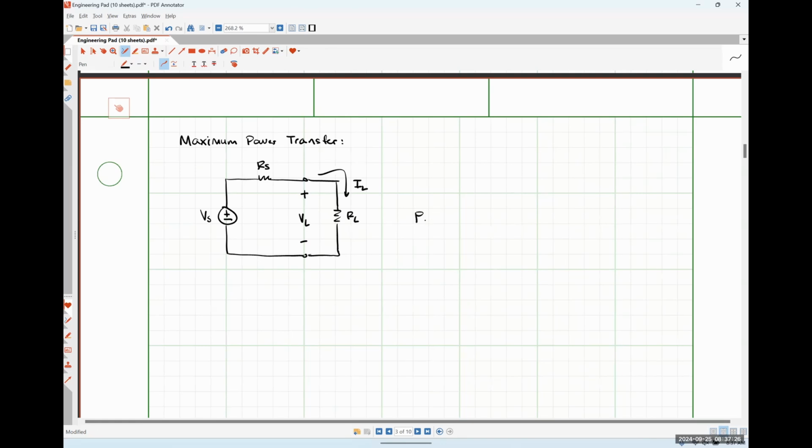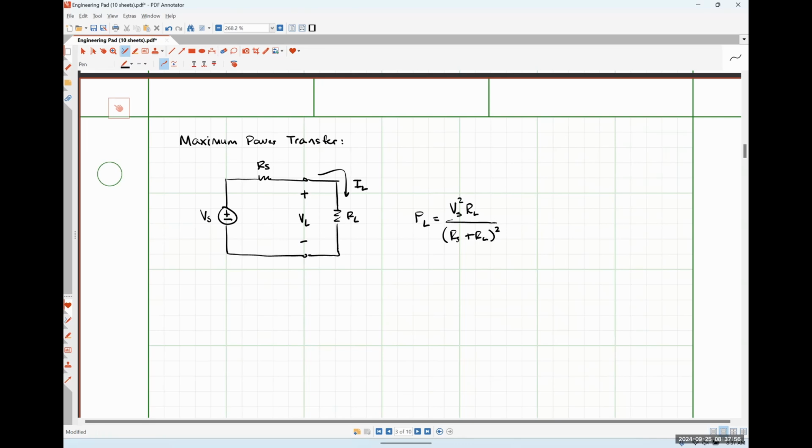Now, a little while back, we came up with a relationship that for this particular circuit, the power absorbed by our load resistor, if I'm remembering correctly, should have been Vs squared multiplied by RL divided by the quantity Rs plus RL squared.